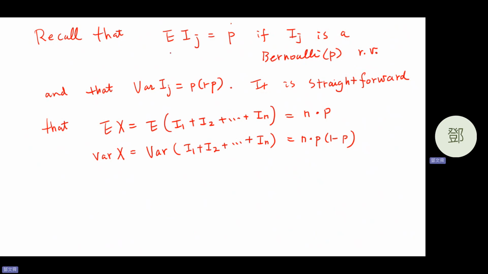A single Bernoulli trial has expectation p, then when you sum them up, I1 to IN, the expectation will be n times p, where X is the binomial.